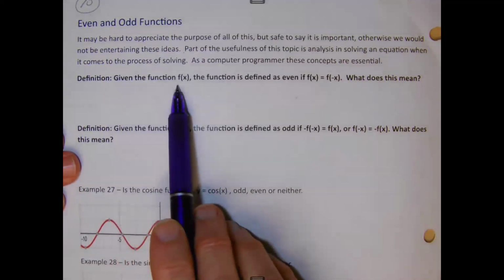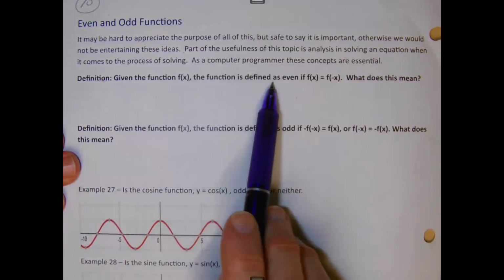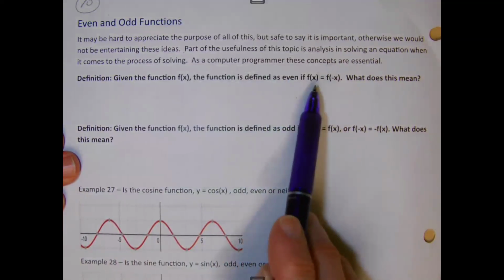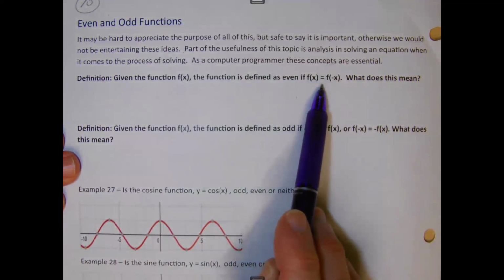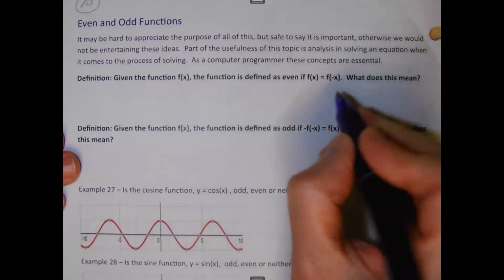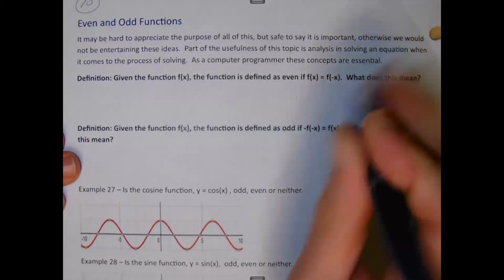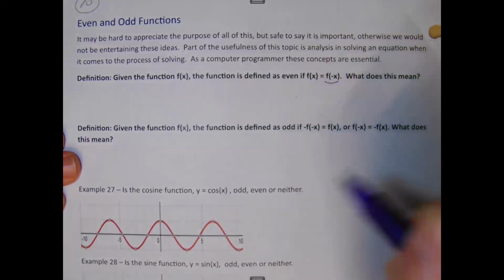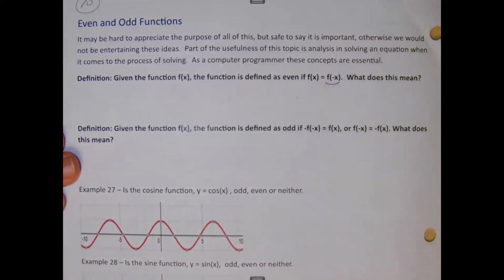Given the function f of x, the function is defined as even if the following is true, meaning f of x equals f of negative x. But what does this mean? Well, now that we know transformations, and if you're watching this video and you've never seen transformations, definitely understand transformations.